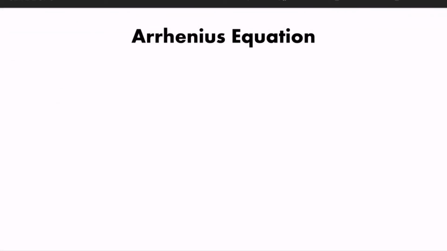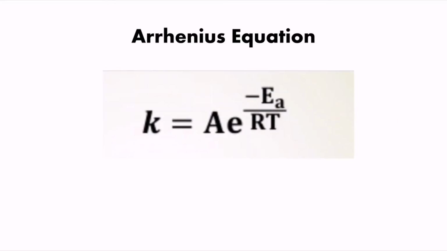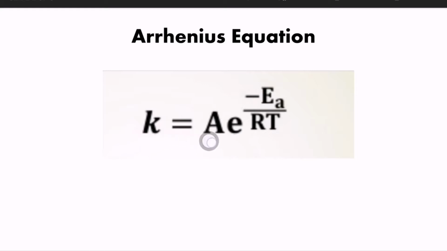First, let's look at the Arrhenius equation. So this is the Arrhenius equation where k is the rate constant, A is the Arrhenius constant, or it also refers to the collision frequency factor, e is the exponential, Ea is the activation energy, R is the gas constant, and T is the temperature.